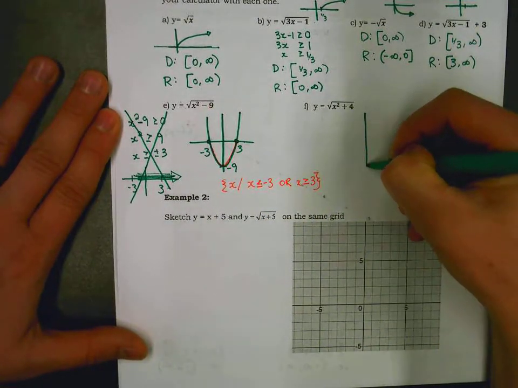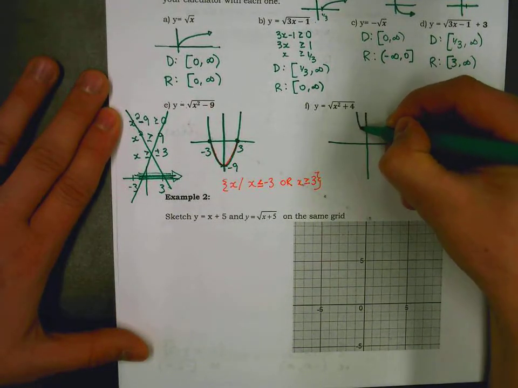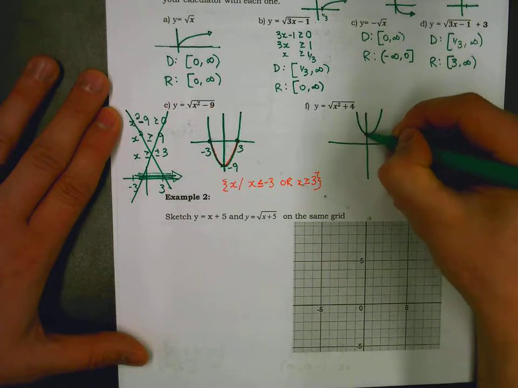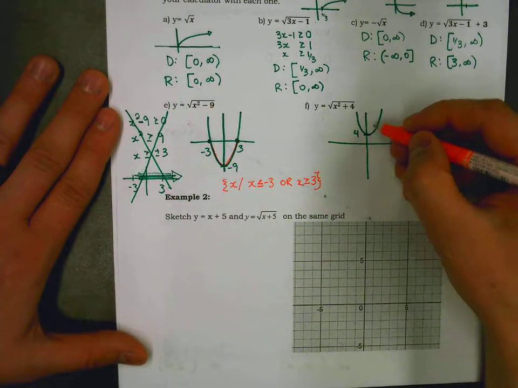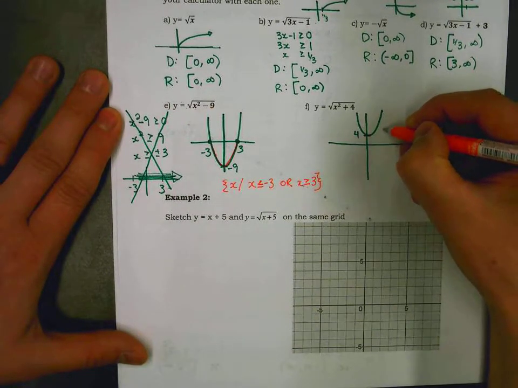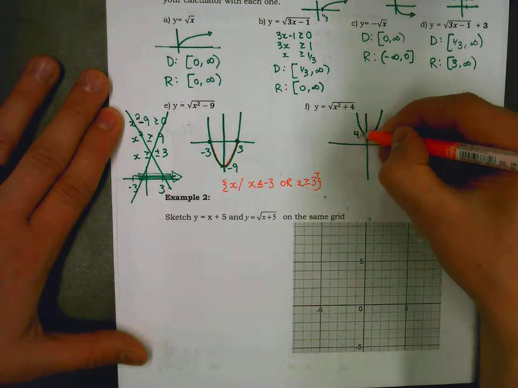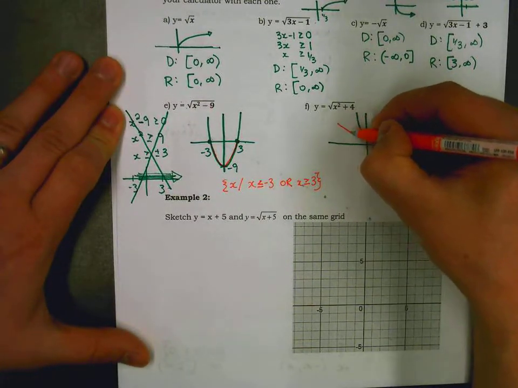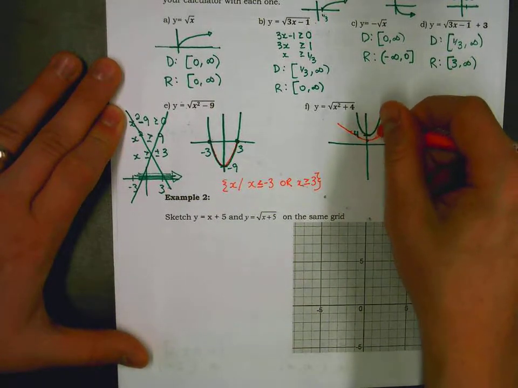Another example is a bit unique where it has an x squared shifted up 4. What would happen if we square rooted all these y values kind of like we did on the previous page? Whatever number this is, it'll get square rooted, square rooted, square rooted. All the values will kind of come down, and it should look something like this if you square root all the y values.